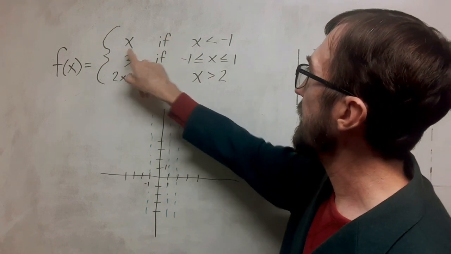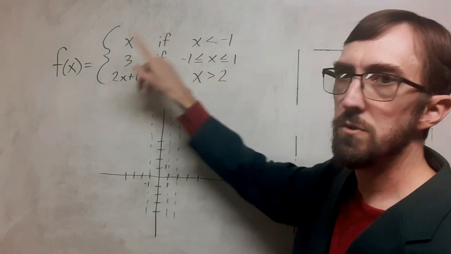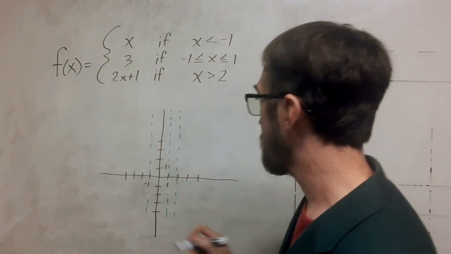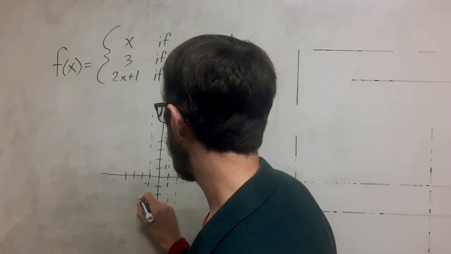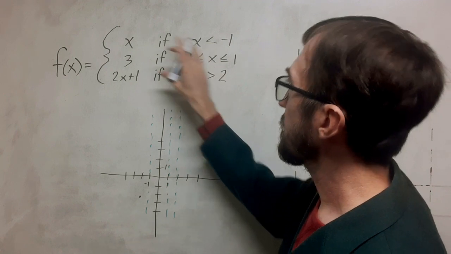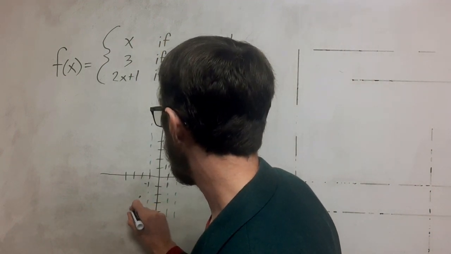It says x if x is less than -1. So the x that I choose becomes my x and y value. So at -2, I will have a point, and at -3, I will also have a point.